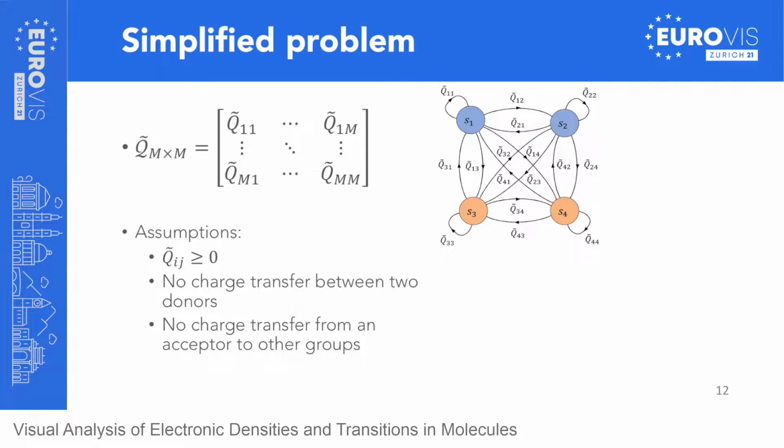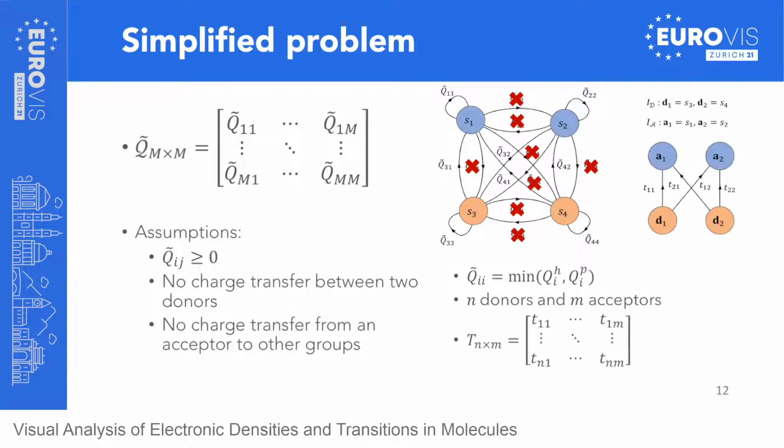We make some reasonable assumptions. For example, the charge transfer should always be positive. The second thing is there is no charge transfer between two donors, which is very reasonable to assume. And thirdly, there is no charge transfer from an acceptor to any other subgroup. These assumptions disallow the following charge transfers. And it also forces the charge transfer from a subgroup to itself to be the minimum of its whole and particle charge.